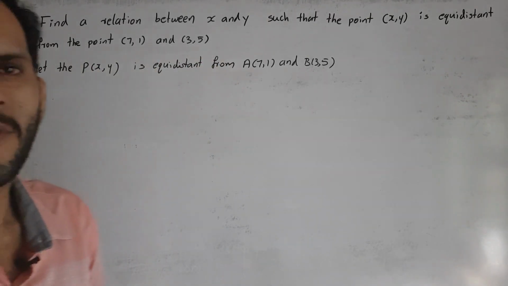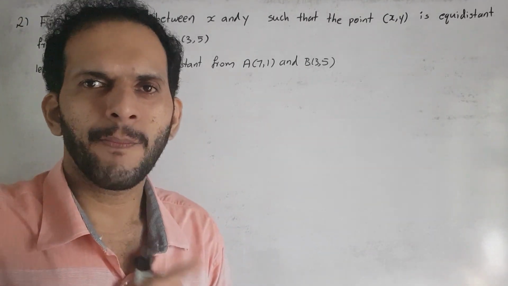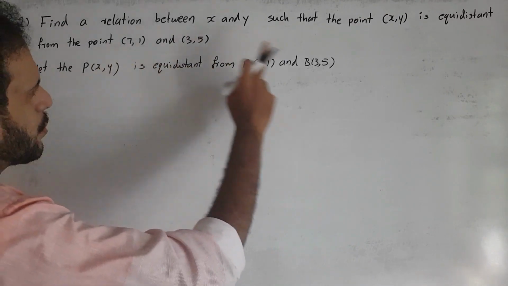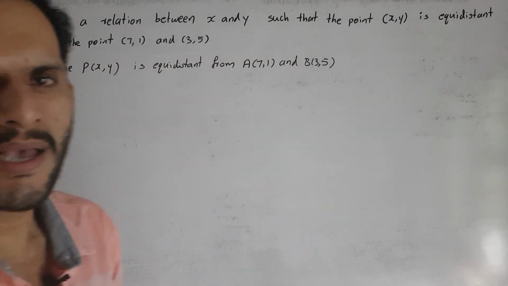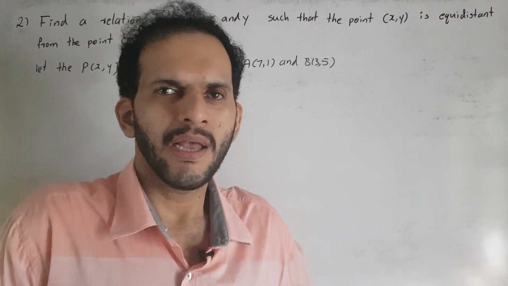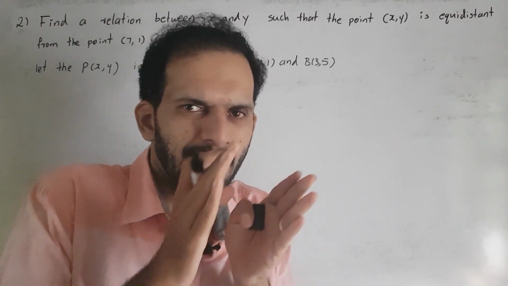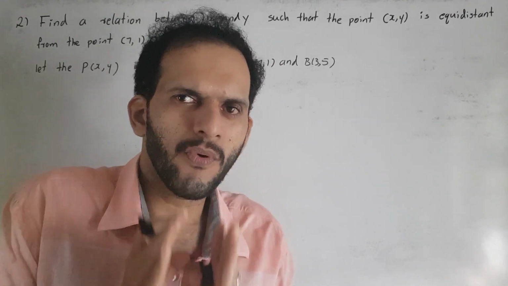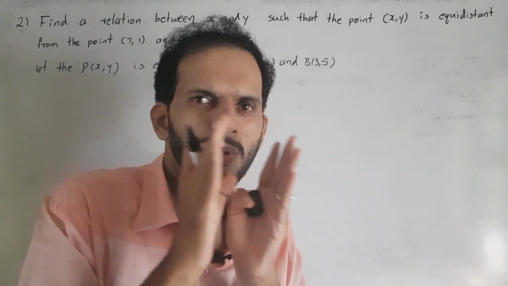Yes, the distance from P to A we denote as PA. Correct. Then how do we denote the distance from P to B? That we denote as PB. Okay, then it is given here that the distance from P to A is equal to the distance from P to B.